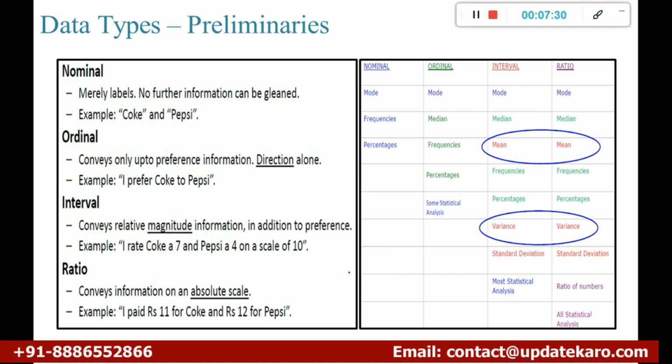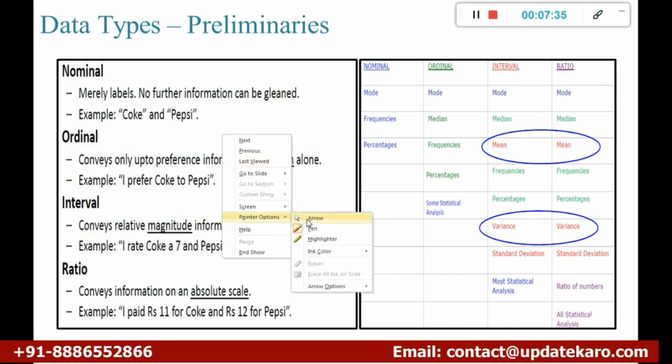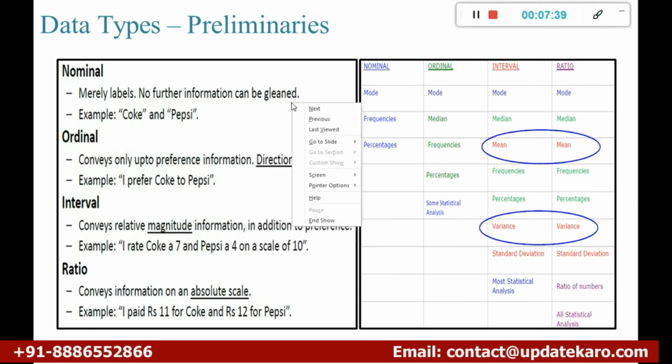So we have already seen the data. What is the meaning of data? We have seen. So what is data? Data is nothing but information in all formats.